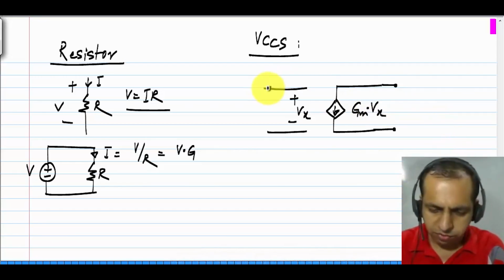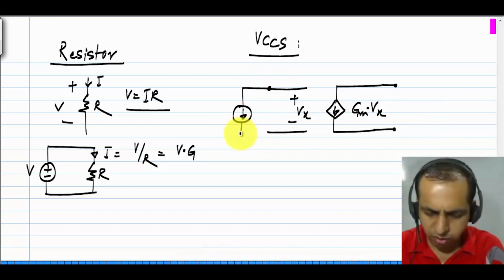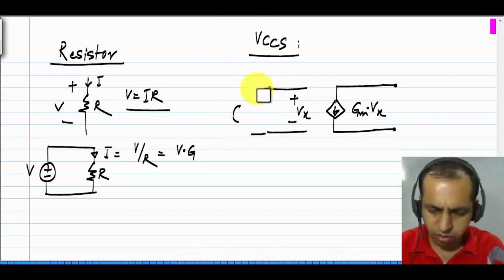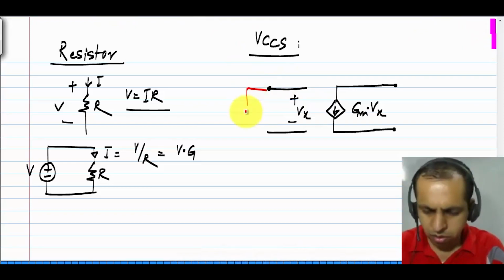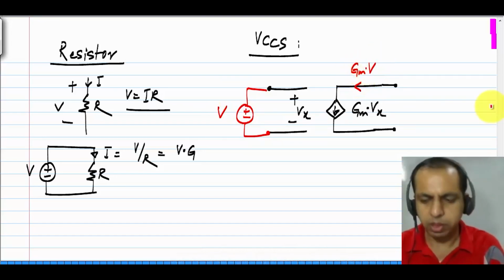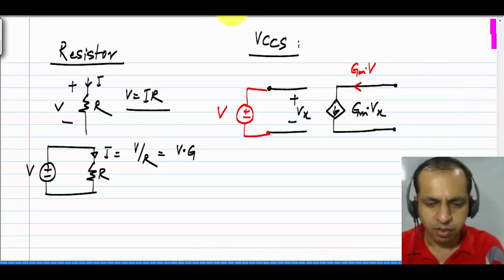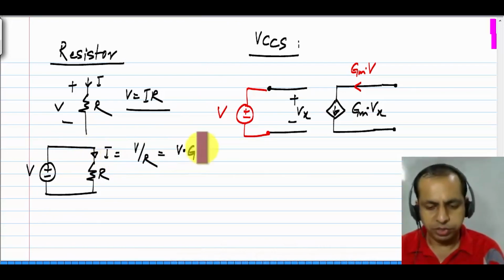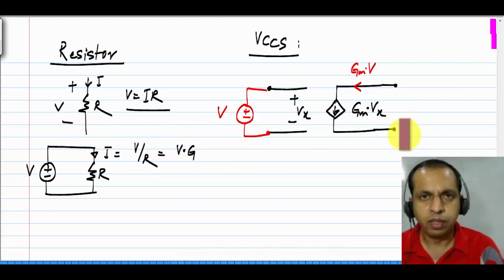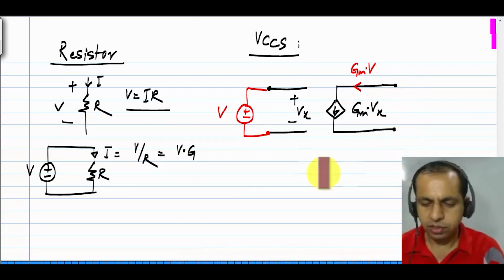So what it says is, if I apply a voltage V here, a current Gm times V will flow over there. What does a resistor do? If a V is applied across it, it draws a current I, which is V times G, from the voltage source itself. And that scenario can be easily arranged in this picture, right?